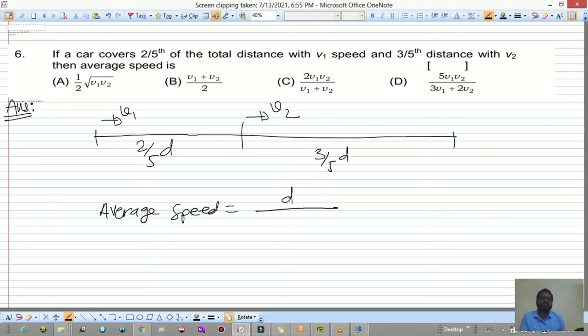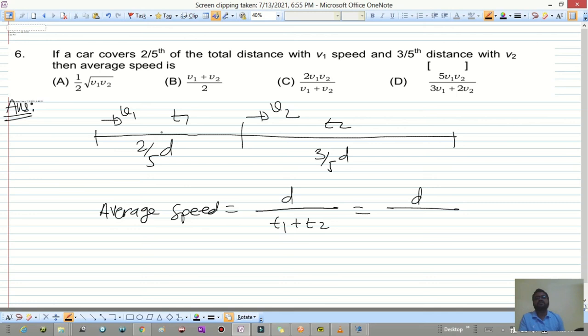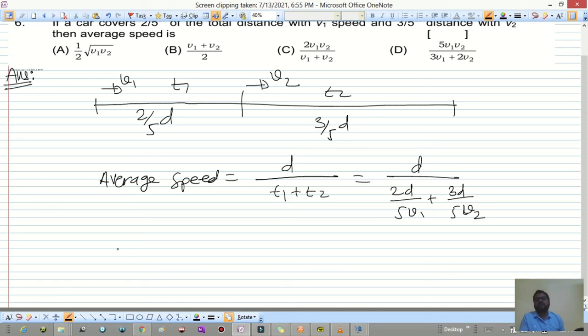Total distance is d and total time is t1 plus t2. What is t1? Distance by speed, 2d divided by 5v1, plus 3d divided by 5v2. So average speed is equal to d divided by d times the bracket of 2 by 5v1 plus 3 by 5v2.